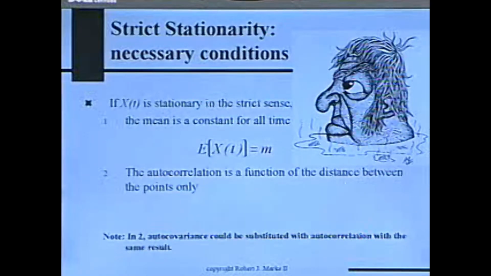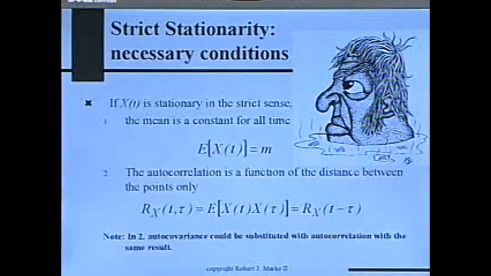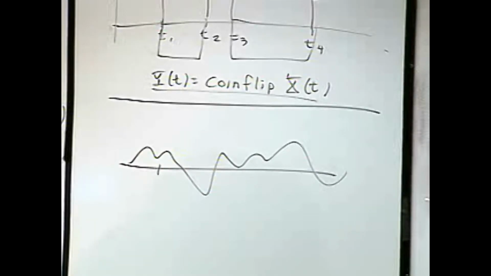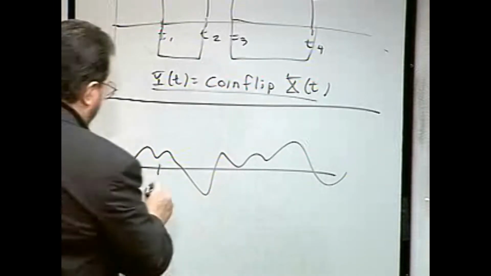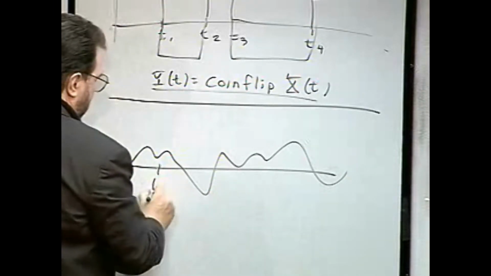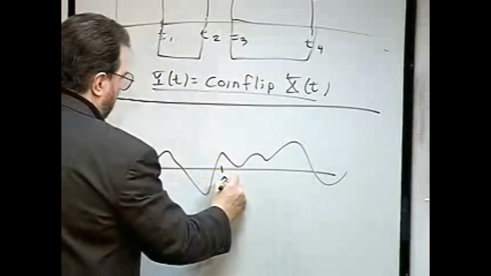Secondly, the autocorrelation is only a function of the distance between the 2 points. Let me explain what I mean by that. We have an autocorrelation here, and this is going to be a value of, say, t and tau.